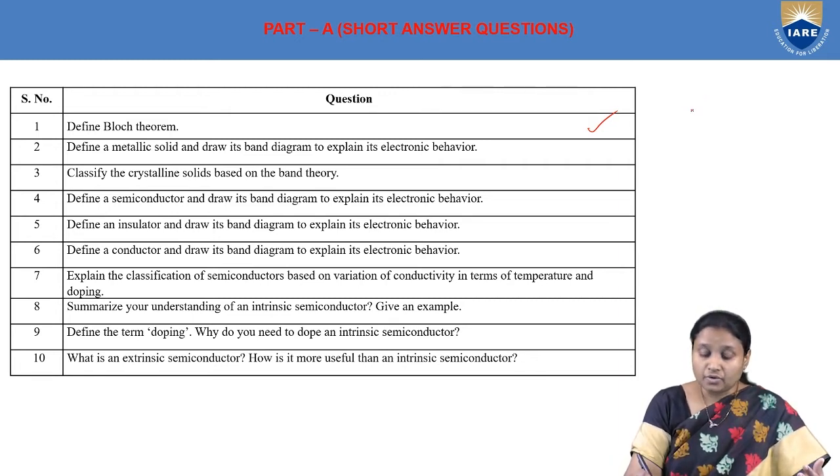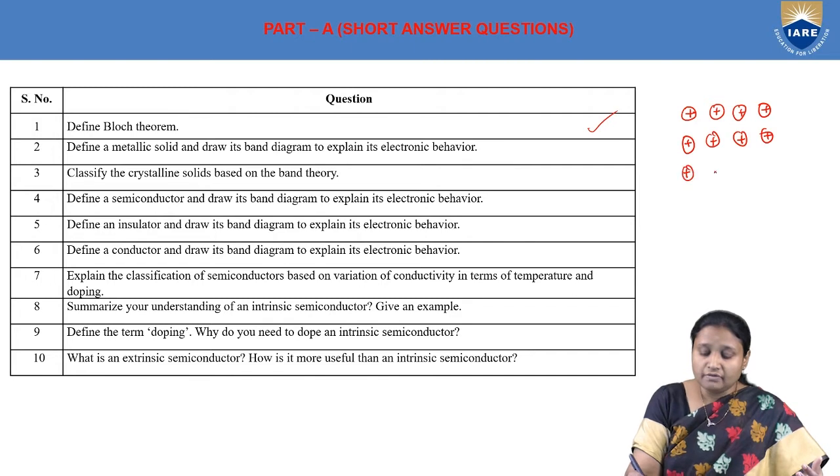So if I try to draw crystal structure, then I will say that I have regular arrangement of positive ions, and in this array of positive ions, I have valence electrons moving freely.